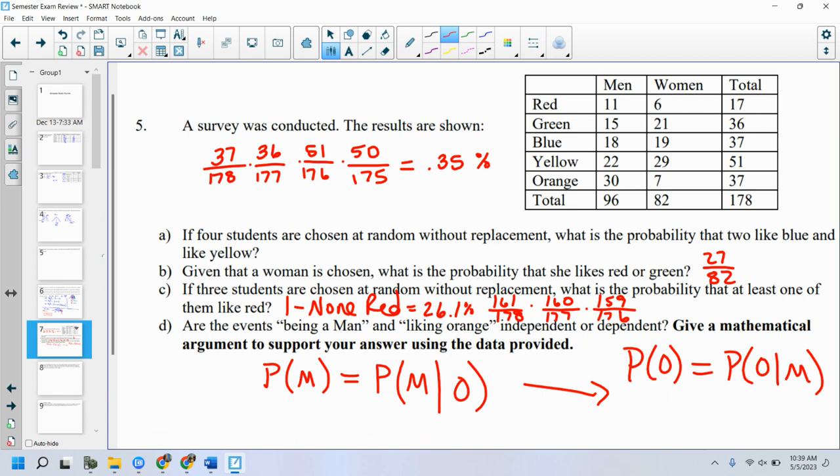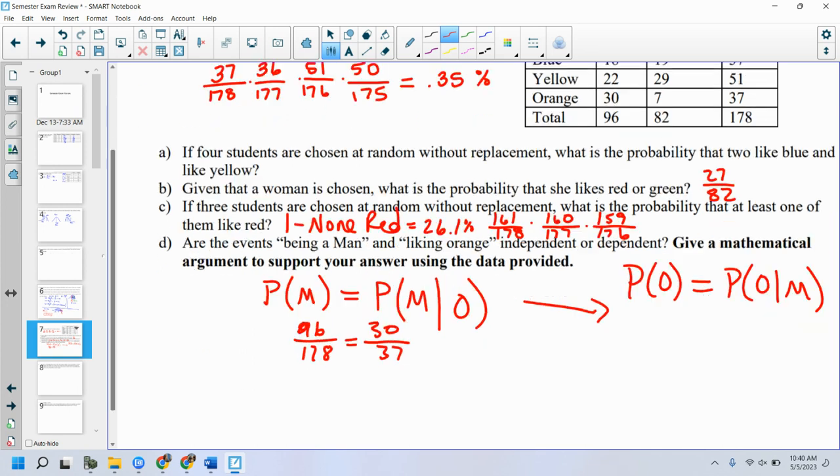Okay, so let's do it with this first one. What's the probability of man? 96 over 178. Let's see if that's equivalent to man given orange. What's the probability of man given orange? 30 out of 37.